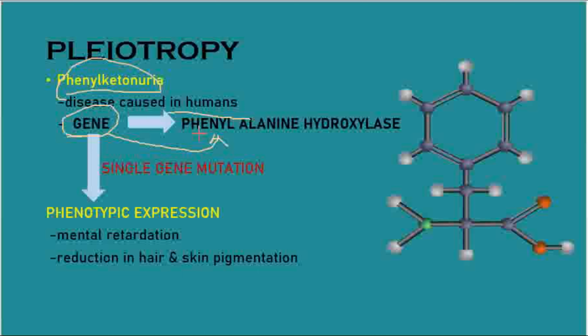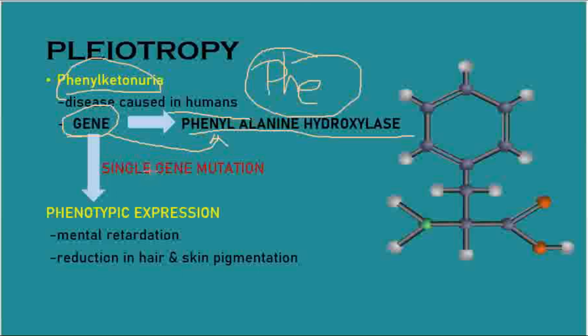The enzyme name is phenylalanine hydroxylase. This hydroxylase enzyme helps in the breakdown of the amino acid phenylalanine. So it is a gene which codes for this enzyme, and without this gene, we can't achieve this breakdown of phenylalanine.